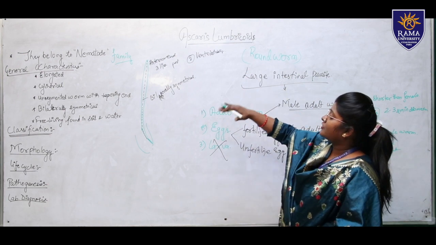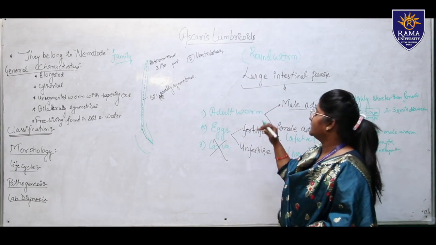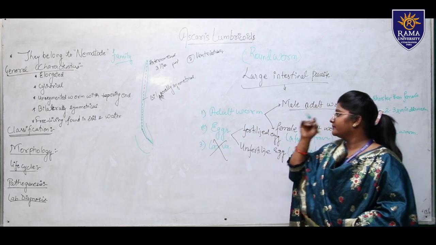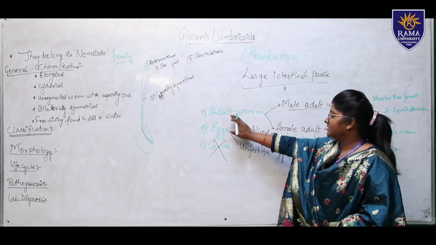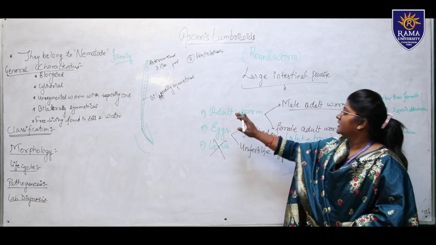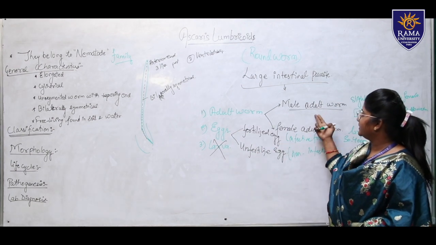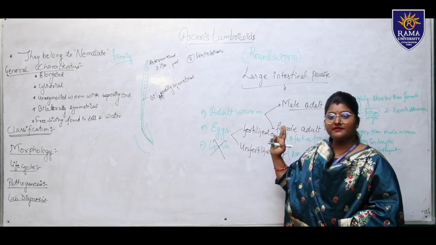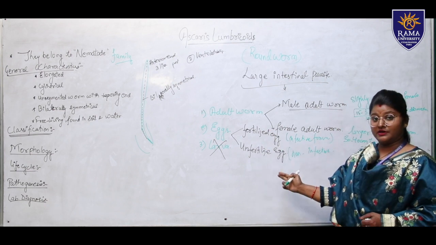Now this morphology is basically divided into 3 parts. All the parasites of this family are divided into adult form, eggs and larval stage. Adult form is divided into male and female adult forms. Eggs are divided into fertilized eggs and unfertilized eggs.